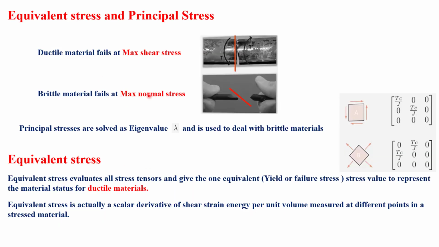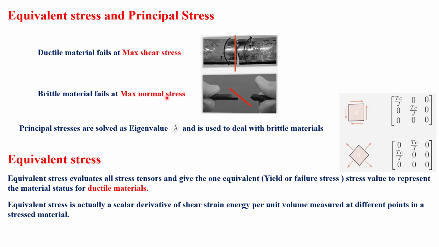So how do we use it to calculate the displacement and the stress in the analysis? The first thing is the equivalent stress and the principal stress. We need to know what exactly these are. When it comes to ductile material, how are they going to fail? They fail at the maximum shear. If you twist it, the shear will happen, and depending upon that it will fail. When it comes to brittle material, it's about the normal stress, so it will directly fail along the normal stress.